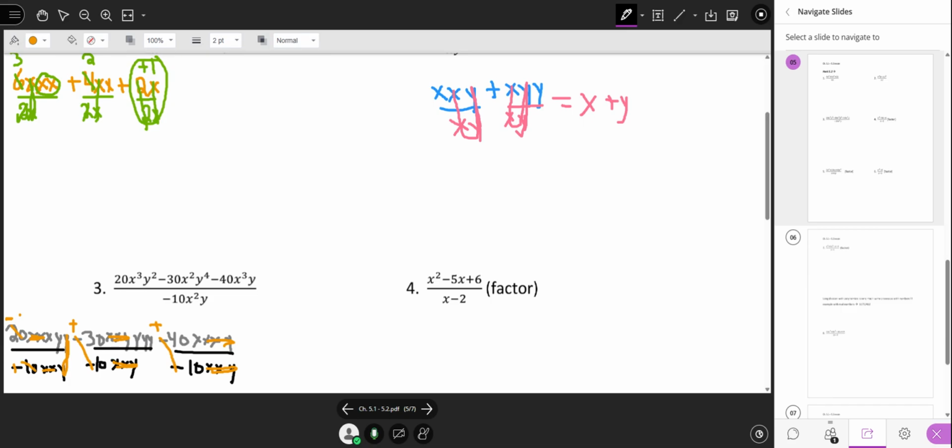2 goes into 20. 10 goes into 20 twice. 10 goes into 30 3 times. 10 goes into 40 4 times. Yuck. Now, that leaves an X and a Y. Three Y's are left.